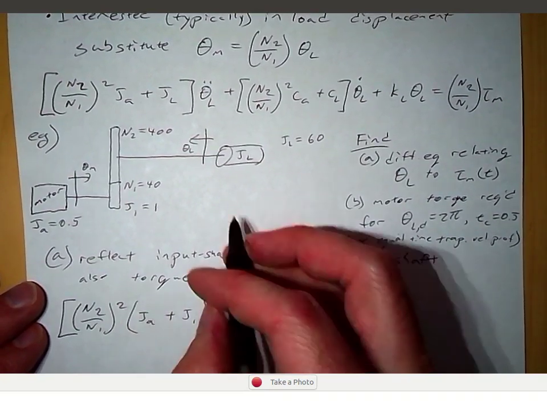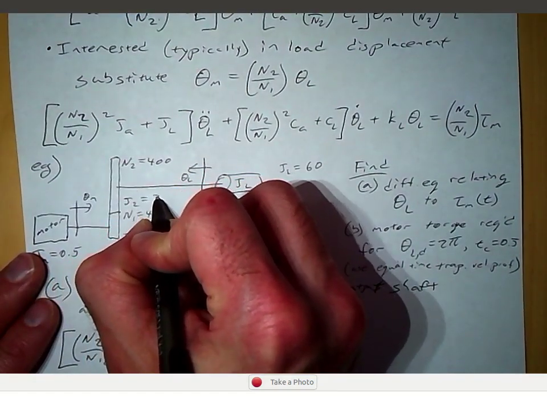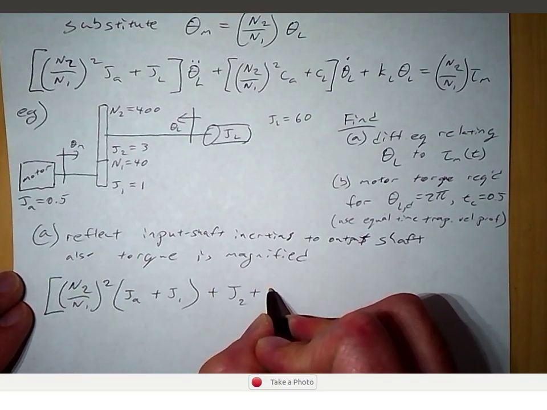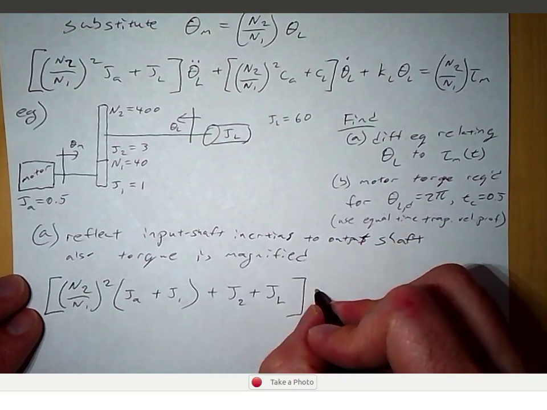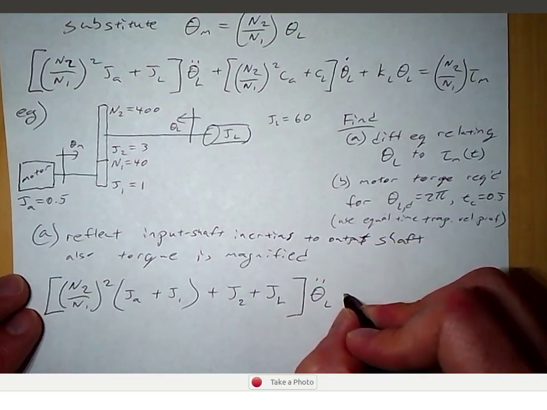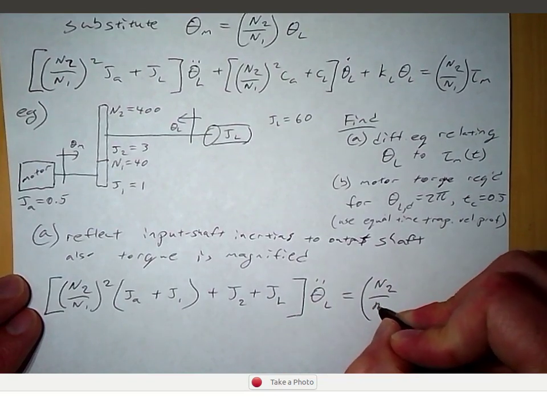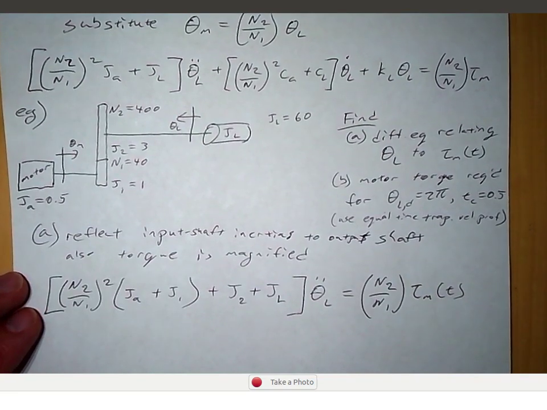And adding to that, we have J2, this gear has a moment of inertia, and it's equal to 3. So we're adding J2 and JL. Theta L double dot, and that's equal to the torque on shaft 2, which is N2 over N1 times tau M, which is a function of time.